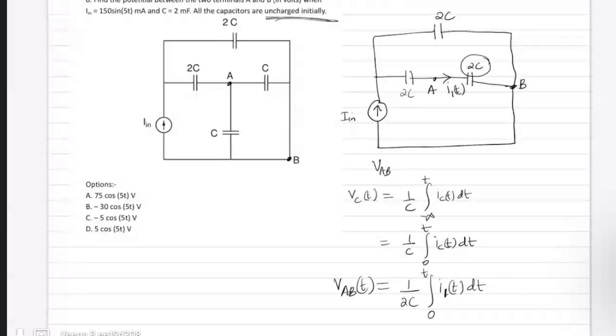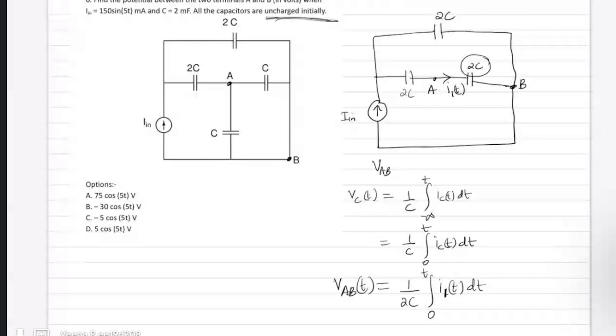Now I1 of t is nothing but I in by 3, which we already obtained. I in is given in the question as 150 sin 5t milliampere. So I1 is 150 sin 5t divided by 3 milliampere, which becomes 50 sin 5t milliampere. So you got your I1 of t. You just have to substitute in this.